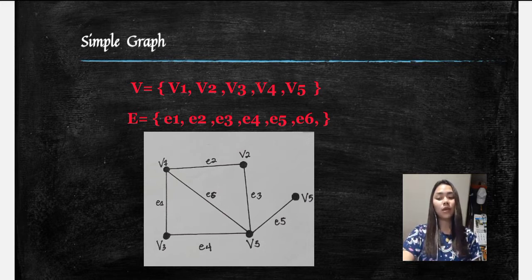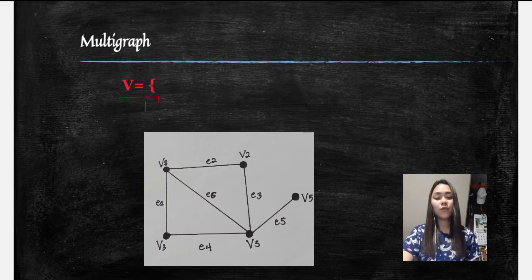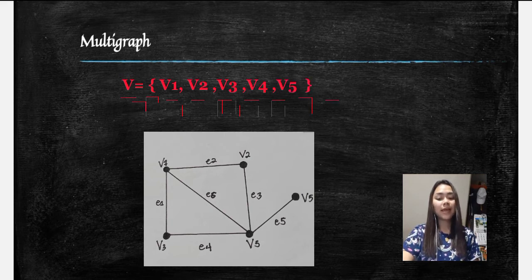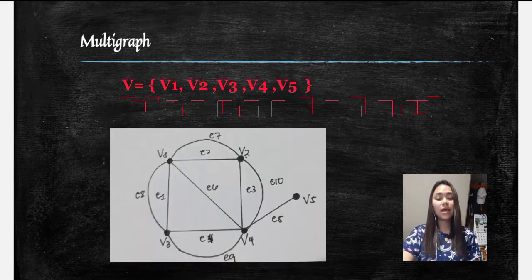As in this graph, there is no self-loop and no pair of parallel edges. Now suppose this graph contains some more edges which are parallel edges. Let's say e7, e8, e9, and e10. Now this graph has edges from e1 to e10. So this is a multigraph with 5 vertices and 10 edges.